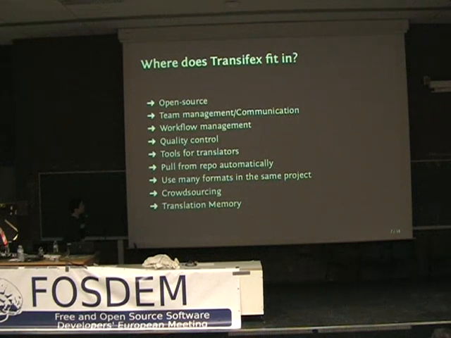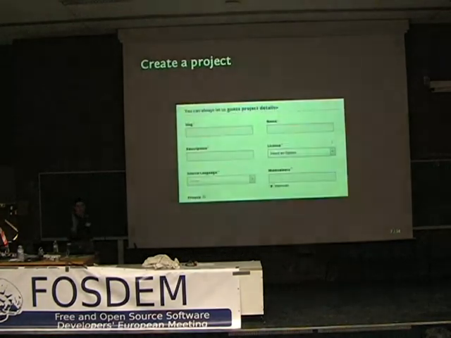You can also use many formats in the same project, and with Transifex, it is very easy for developers to contribute to your translations. The process is very easy, and it also offers some translation memory, which allows you to use previously matched translations for the strings you want.